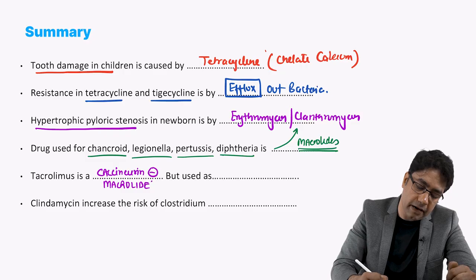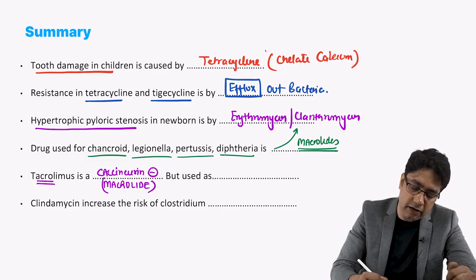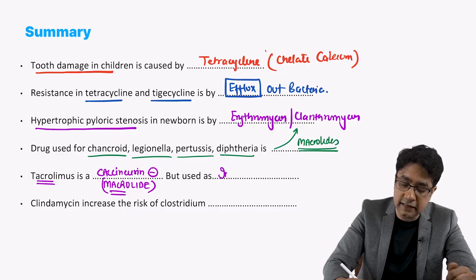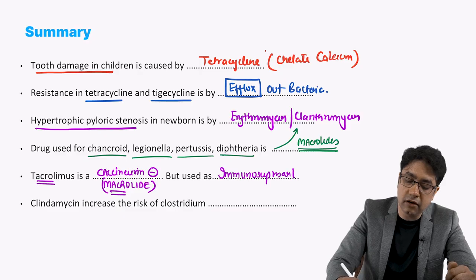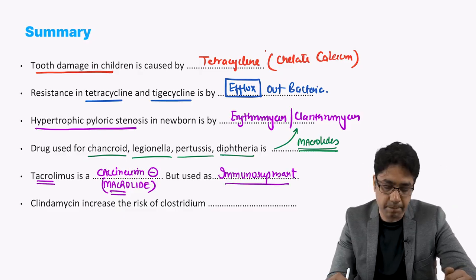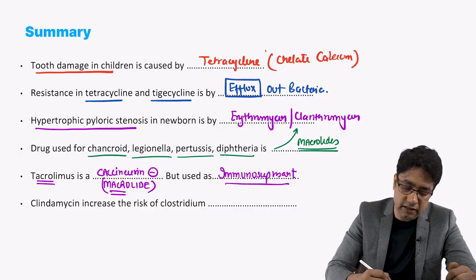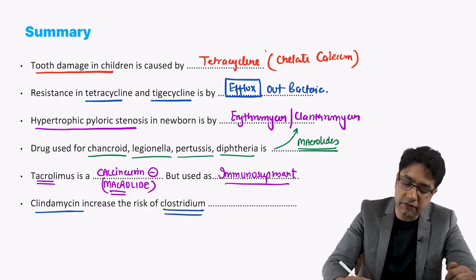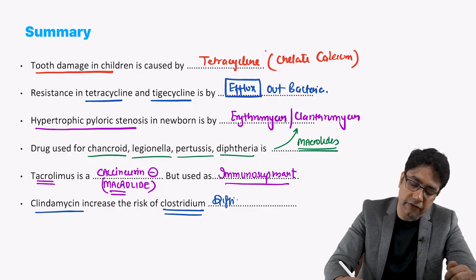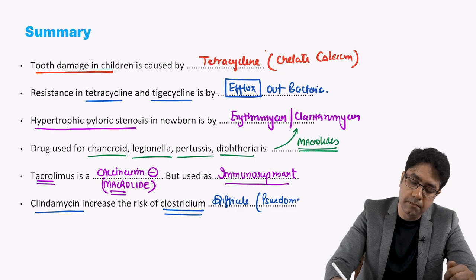It's a type of macrolide antibiotic, and it is used as an immunosuppressive drug in organ transplant patients. Clindamycin increases the risk of which Clostridium infection? Clostridium difficile infection, which causes a disease, pseudomembranous colitis.